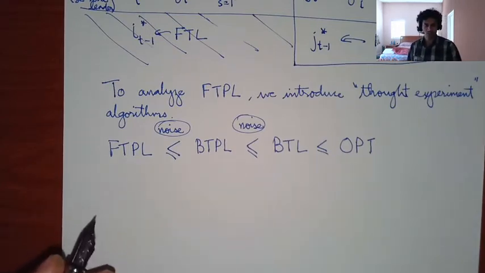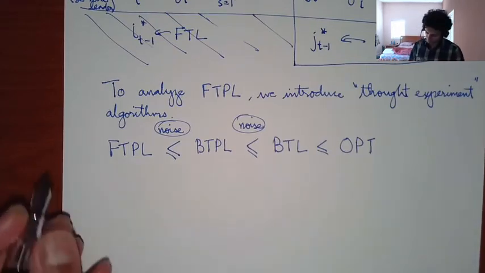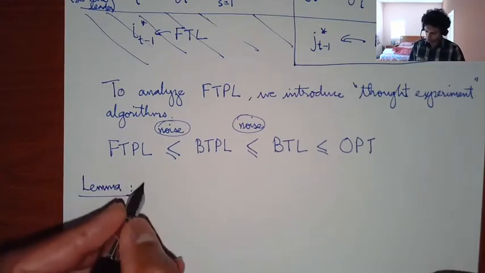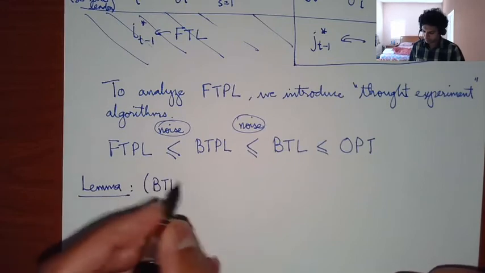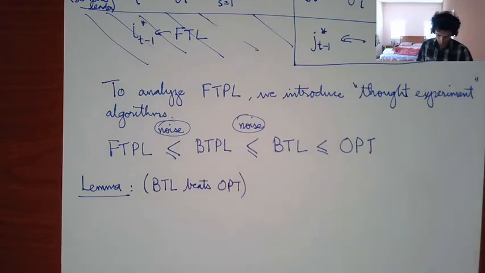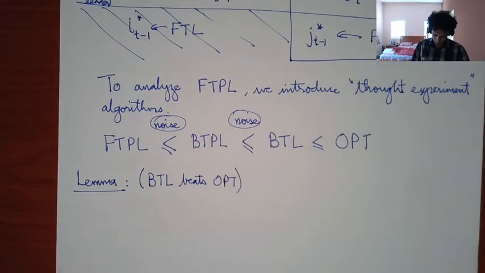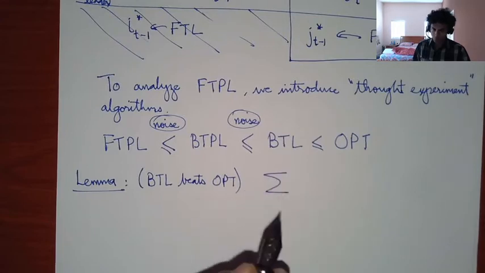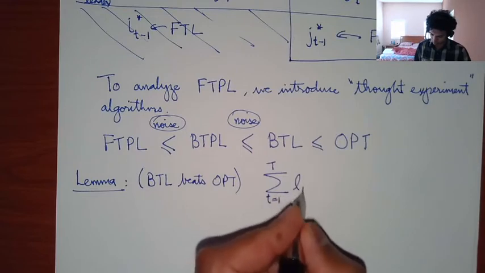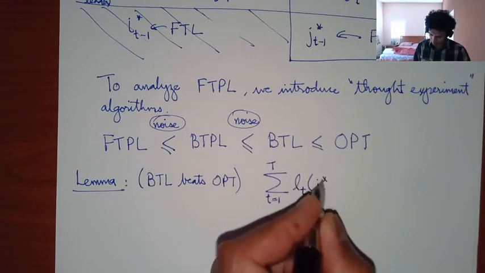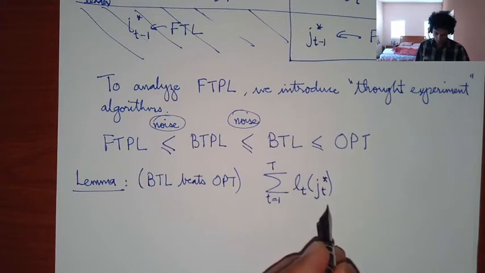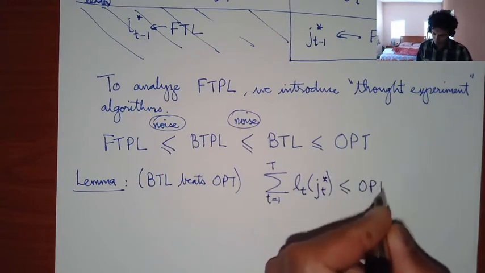So let me start with the easiest argument. This lemma is basically just saying that BTL beats opt. This just says that the summation of t going from 1 to T of L_t of J_t star, which is what Be the Leader is doing, is at most opt.